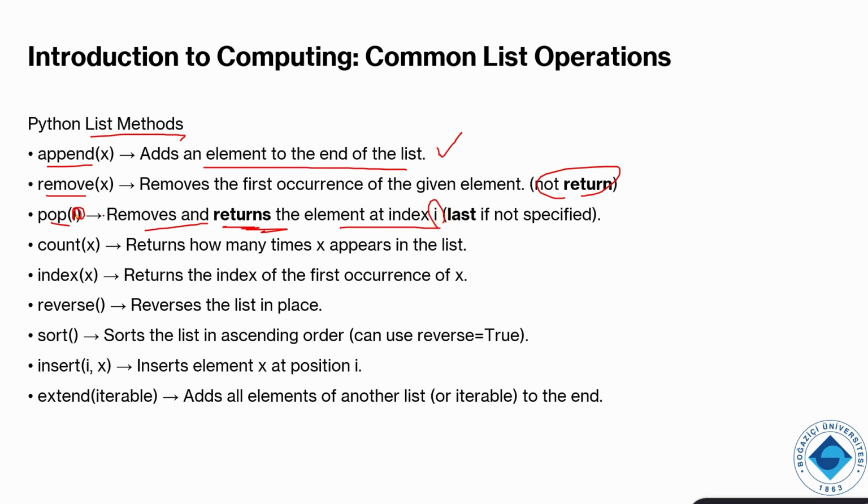Count returns how many times x appears in the list. Index returns the index of the first occurrence. Reverse reverses the list in place. Sort sorts the list in ascending order. Insert puts element x at the position i. Extend adds elements of another list to the end, right? We will see all examples for these operations, no worries.